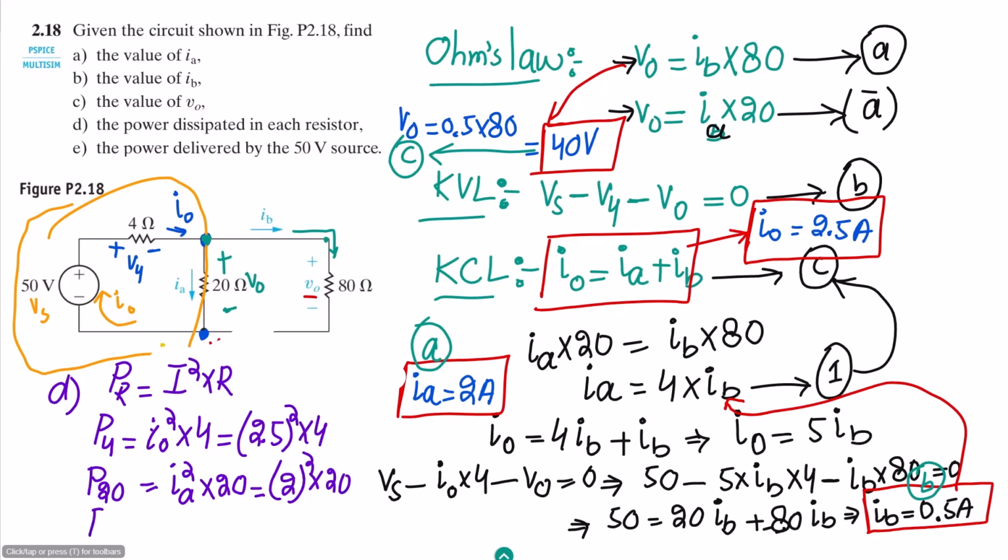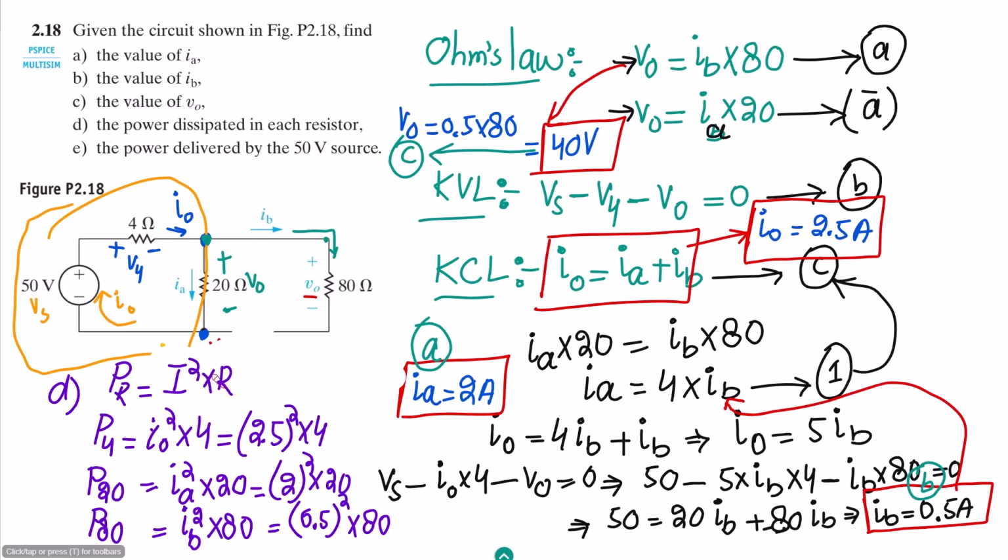The power dissipated across the 80 ohm is the current square, IB square, multiplied by 80, where IB is 0.5, whole square into 80. You can calculate it, and then the answer will be here.